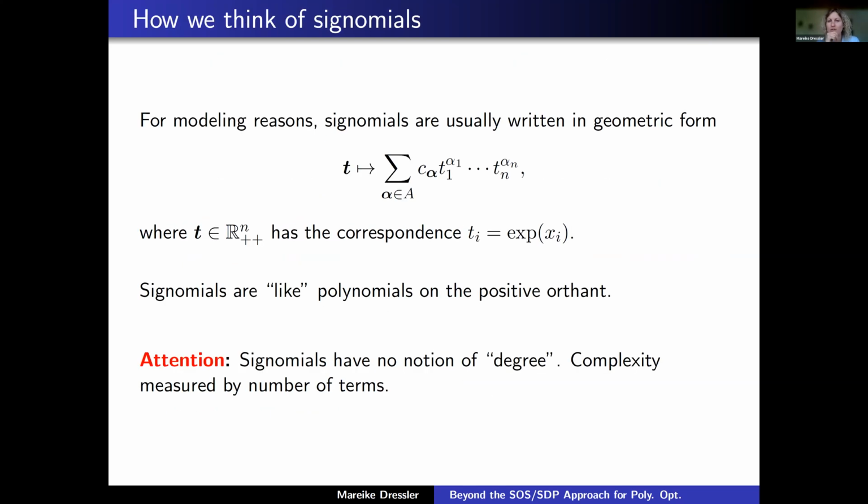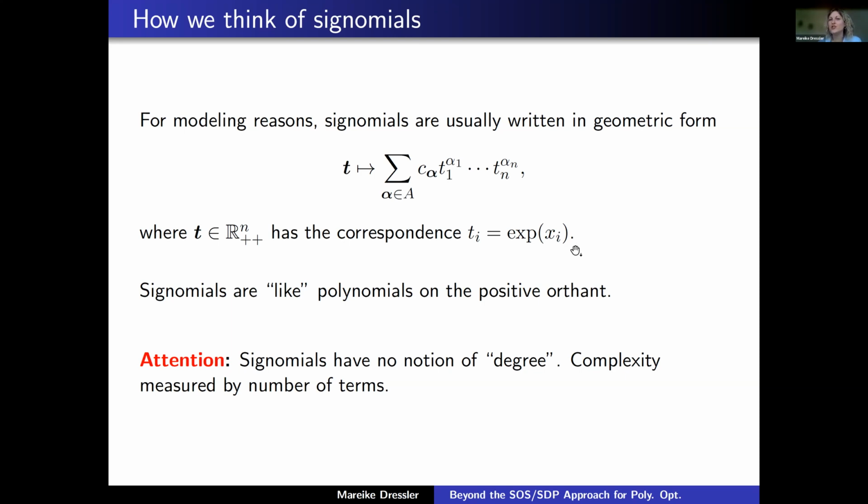I would also like to give you a more natural idea of how to think of zygnomials. How I usually see it, I see it as a generalization of polynomials. Especially for modeling reasons, we can write a zygnomial in this geometric form here, where the variables t_i are the exponentials of x_i.